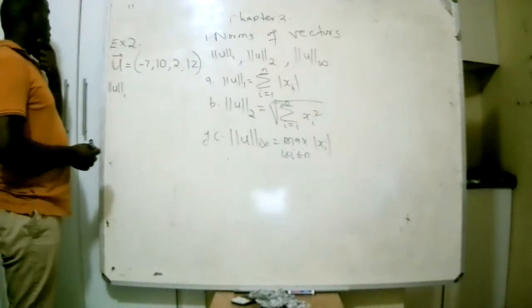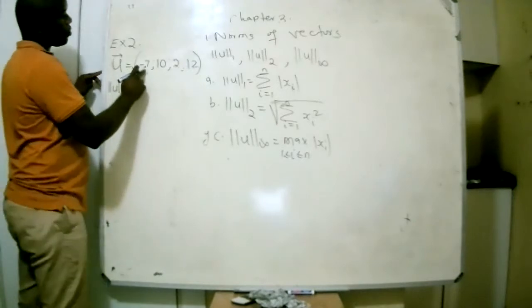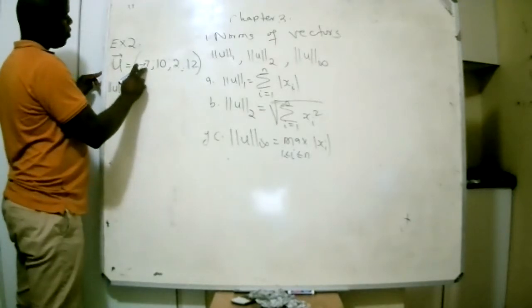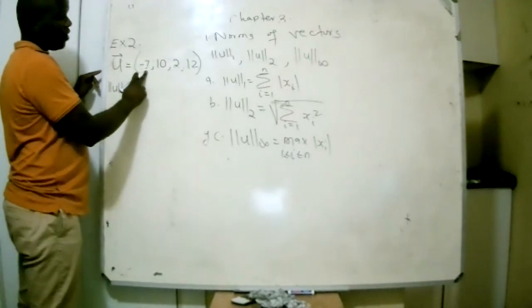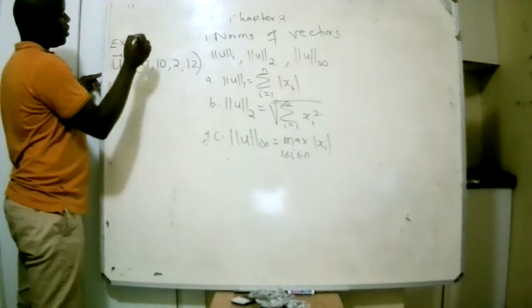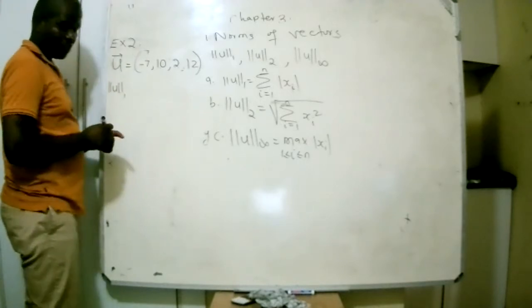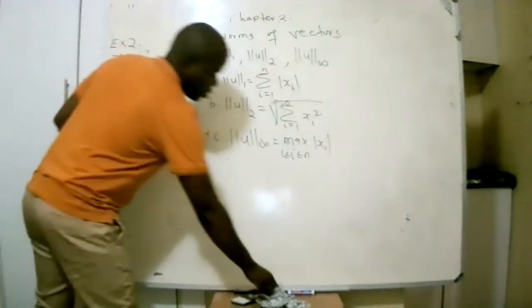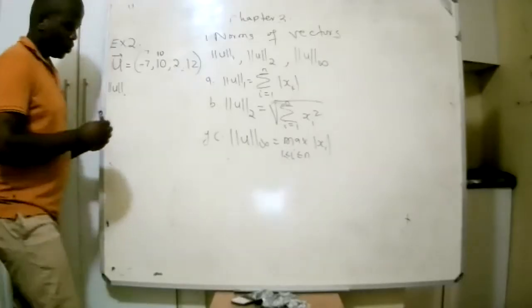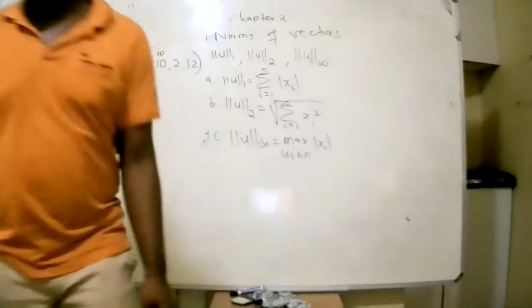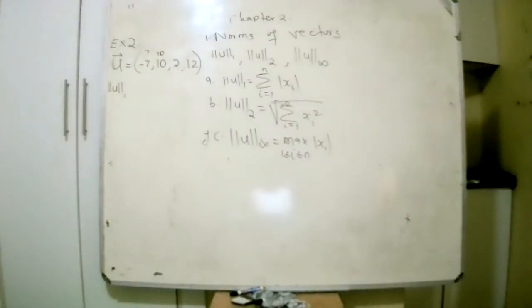So the one norm we're going to get by taking the absolute of 7. What is the absolute of 7? It is 7. Absolute of 10 is 10. And then absolute of 2 is going to be 2.